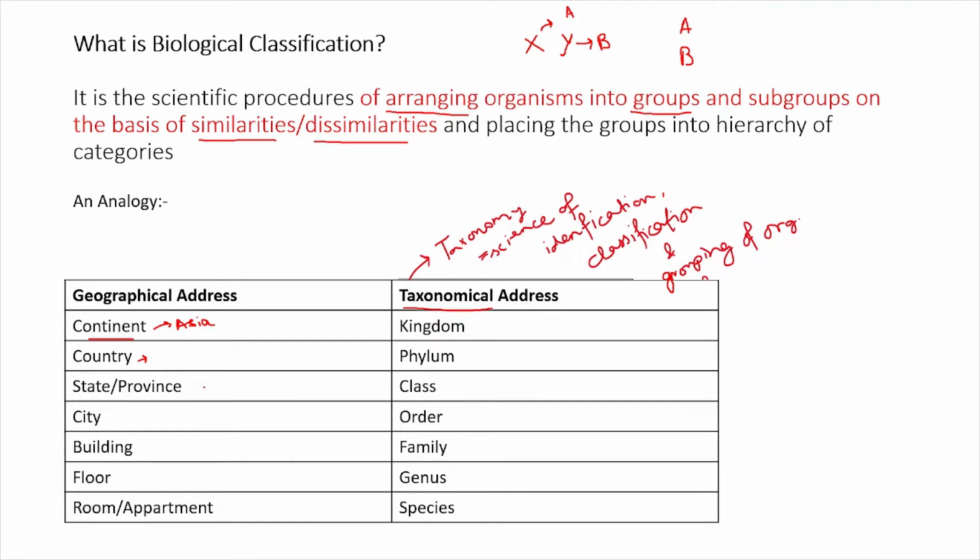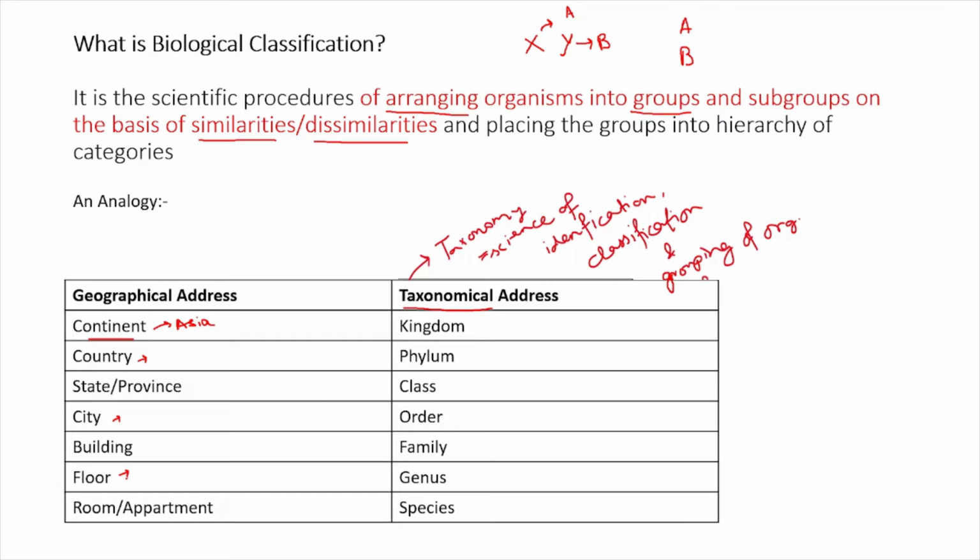And then a state has many districts and cities, so you have to be again more specific. So you mention the city, you live in Mumbai, then Mumbai has many buildings. So you then specify the building where you are living. Now a building can have many floors, 14, 15, 16 floors. So you have to specify which floor you are living at, and the floor may have 2 or 3 rooms or apartments.